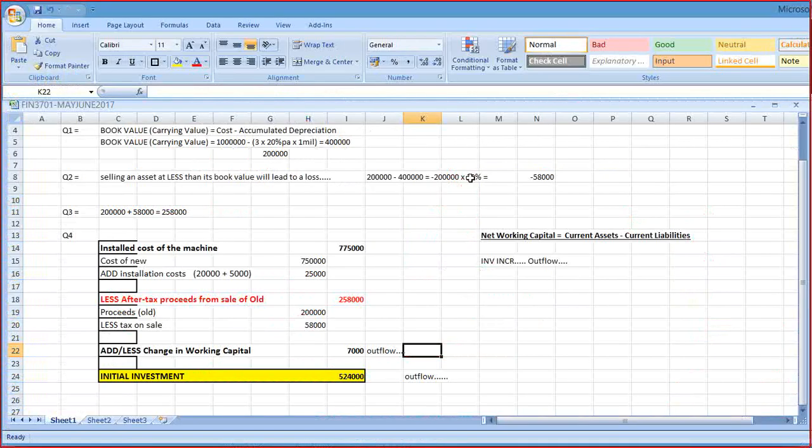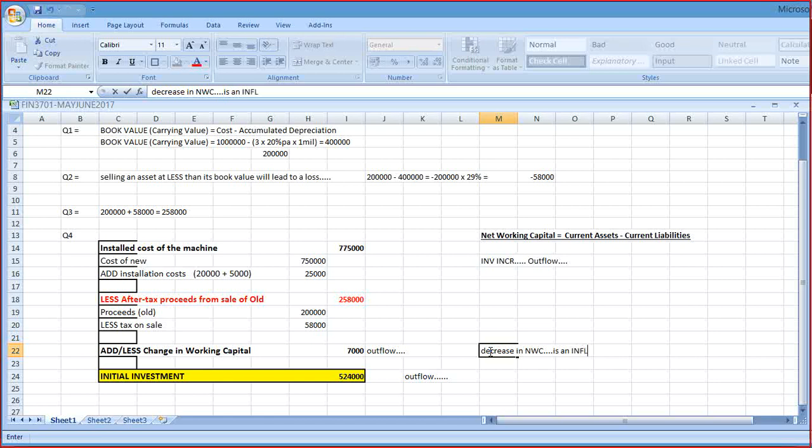If they assumed it was a cash outflow, then they would have had to add it, which is not the case. They would have subtracted it. So they're actually assuming that the decrease in working capital is an inflow of cash. Yeah, that's how they're assuming.